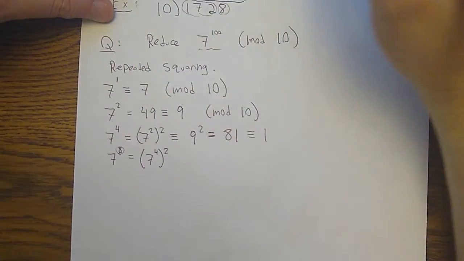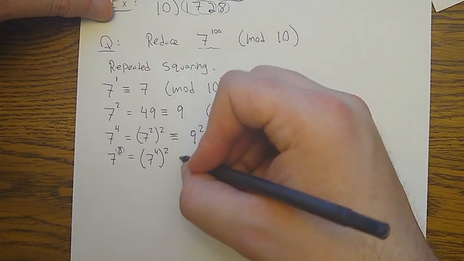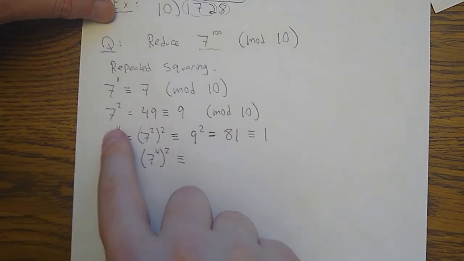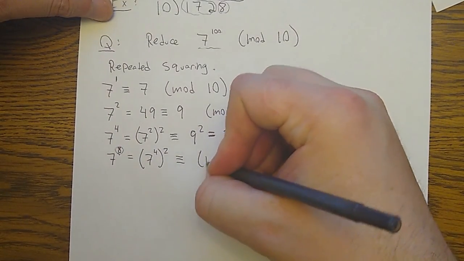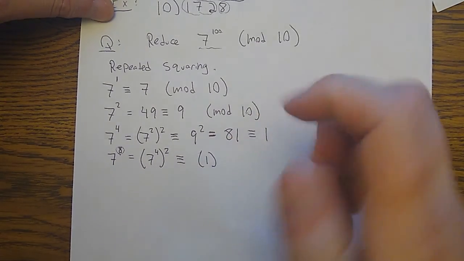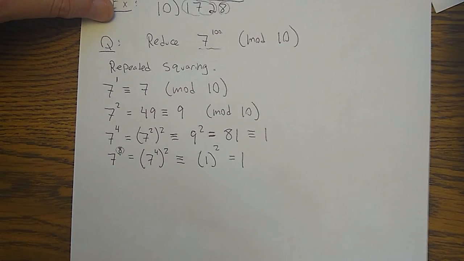Now this is why this method is called repeated squaring. I'm always taking the last thing I did and I'm squaring it. Because I already know that 7 to the 4th was congruent to 1, I get to just put that there. And then 1 squared is just 1.